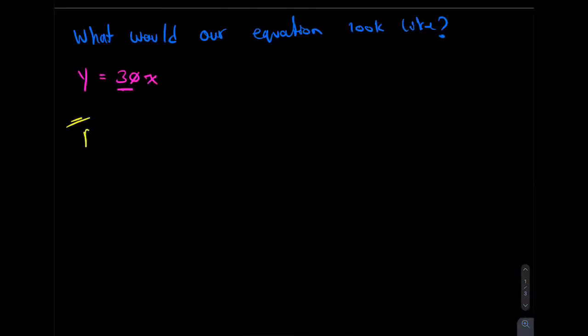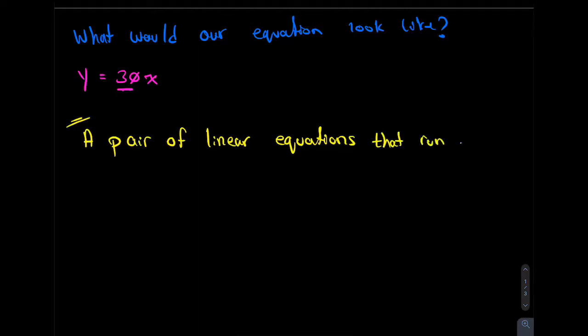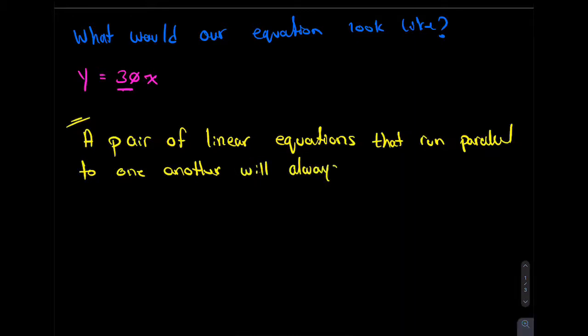A pair of linear equations that run parallel to one another will always have the exact same slope.